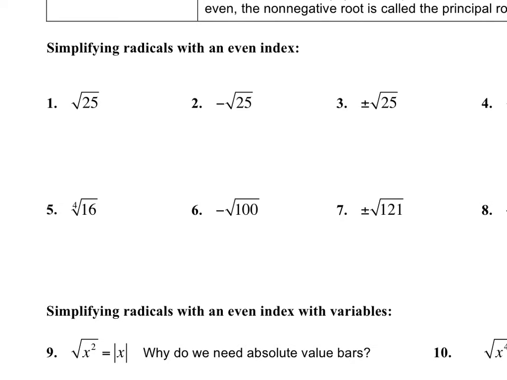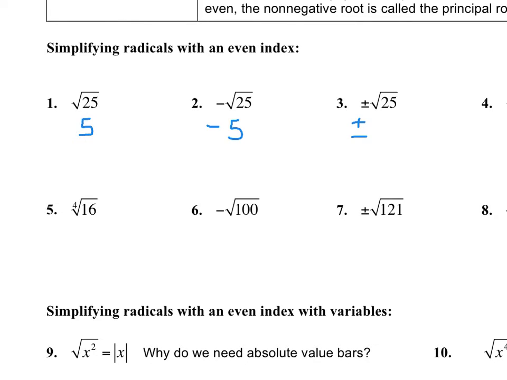Alright, now we're going to simplify some radicals. So for number 1, the square root of 25, that is not an equation. We are just solving, so we only put the positive answer, no plus or minus. For number 2, the square root of 25 is 5, but there's a negative already in the front. So we write negative and then 5.